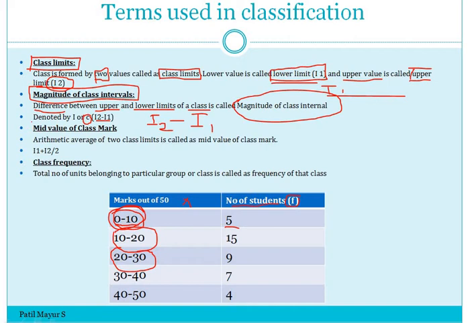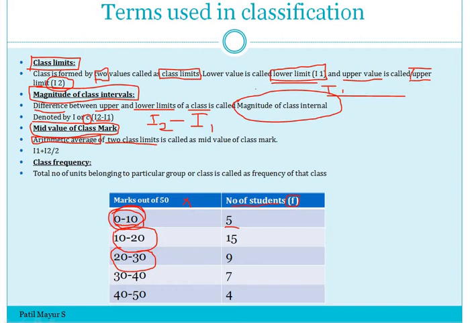Third is the mid value or class mark. These terms are very important while learning these tables. What is the mid value of the class mark? It is nothing but the arithmetic average of the two class limits.